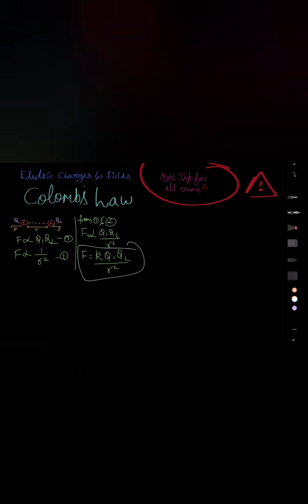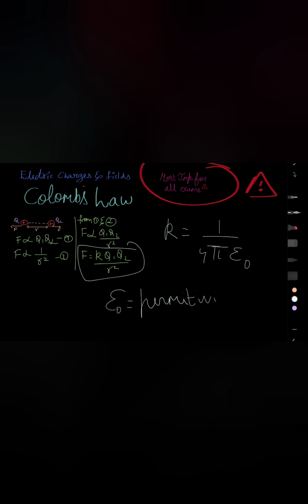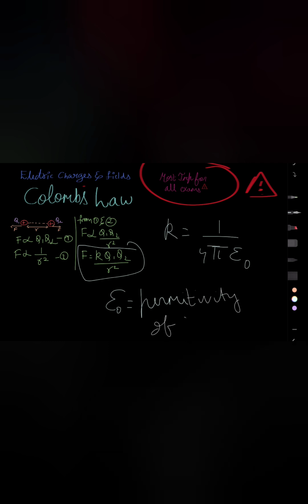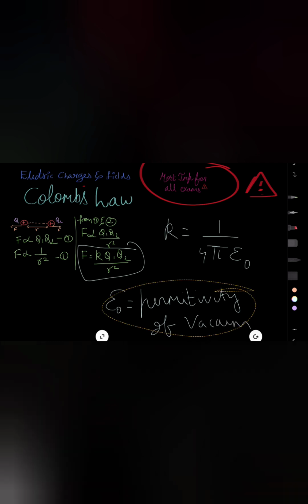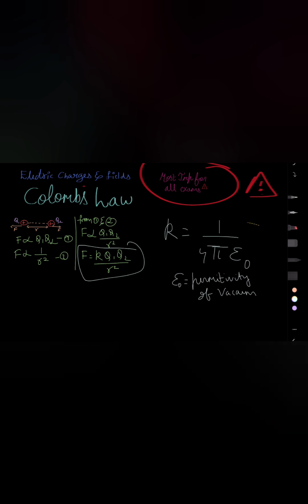The value of k here is 1 by 4 pi epsilon naught. What is epsilon naught here? Epsilon naught is the permittivity of vacuum.